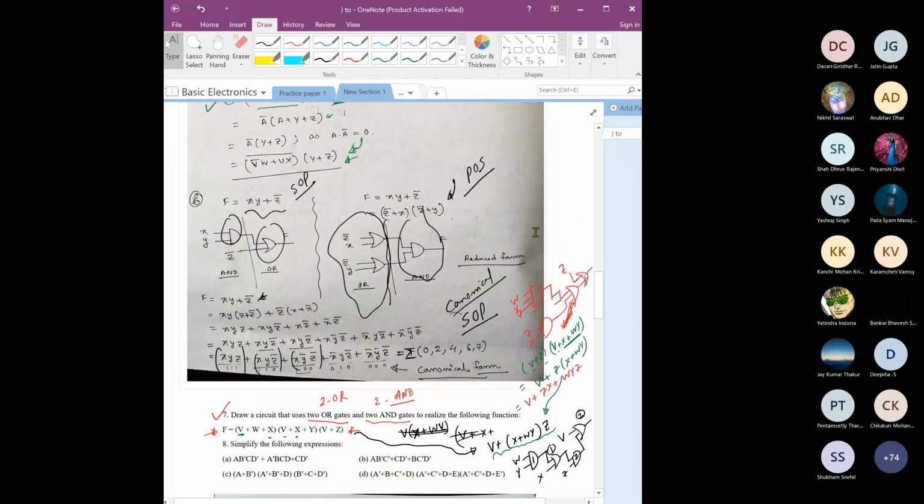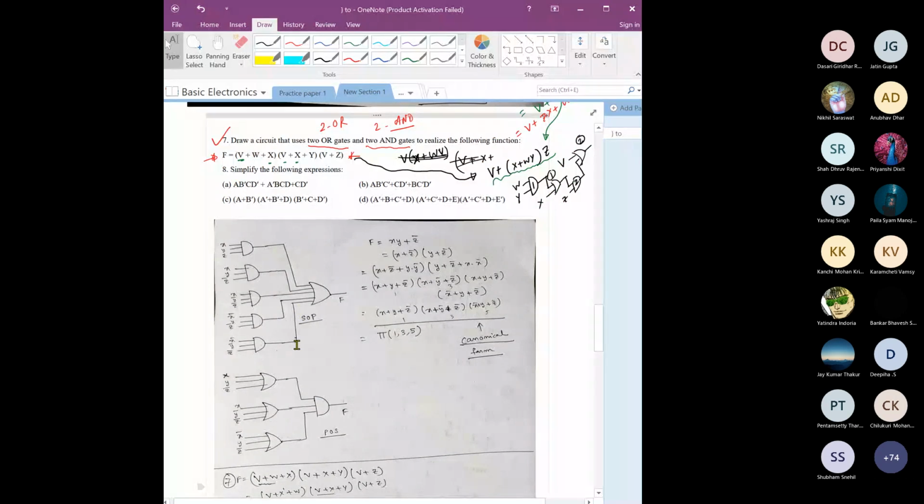In such cases, can we assume we can take three input gates? Yes, three inputs are quite common. It's not hard to get a three input AND gate or three input NAND gate. No issue of using three input gates.